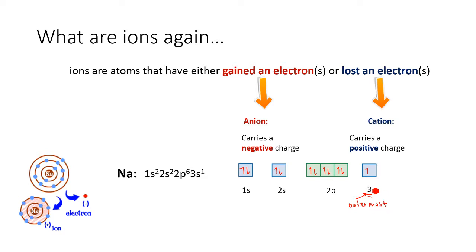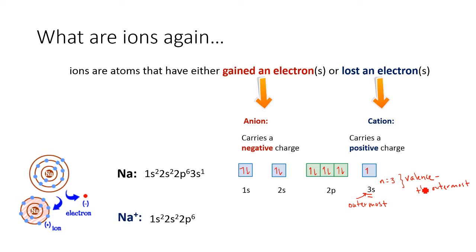And so any electrons in n equals 3, we call those valence electrons. Valence just means the outermost. So we could have a valence shell, or we could have valence electrons. Those are the electrons in the outermost shell. So we'll come back to that.